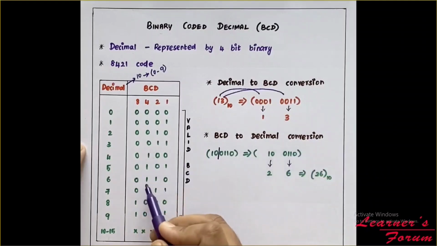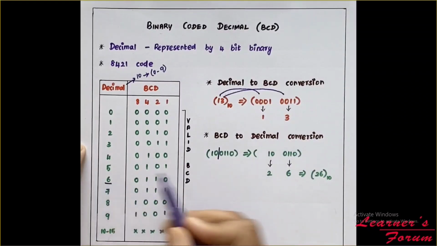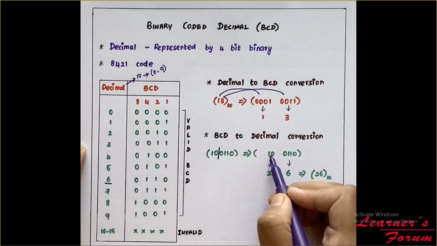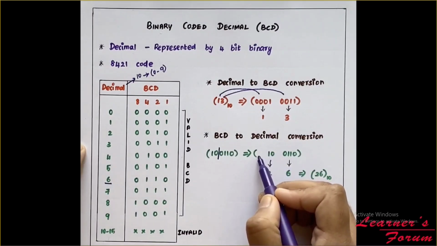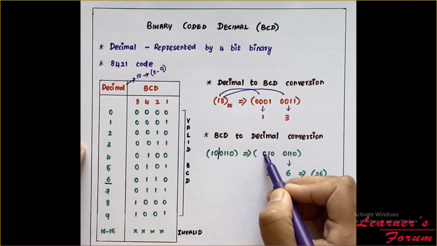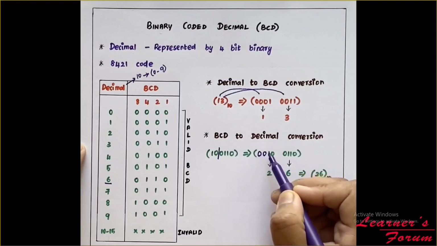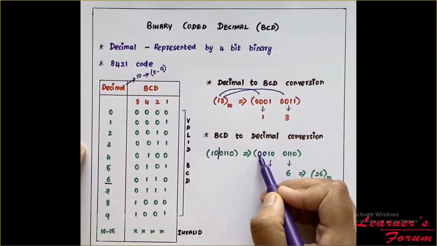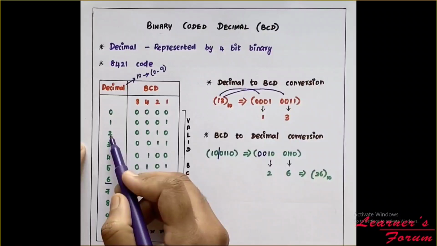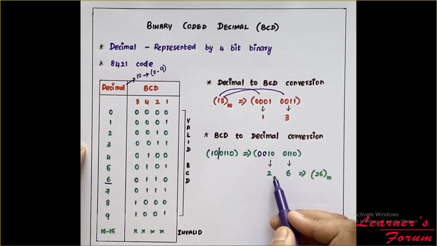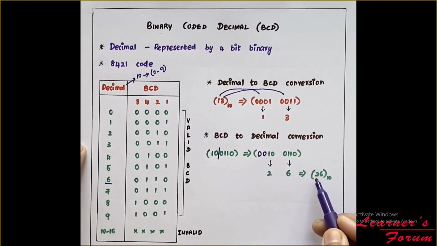For 0110, as per the table, the value is 6. The remaining 10 means we have to fill it in the form of 4 bits by adding 2 zeros in front, which makes a set of 4 bits. So 0010 means the value is 2. The equivalent decimal value for the given BCD number is 26 to the base 10. So this is how we convert a given decimal to BCD or BCD to decimal.